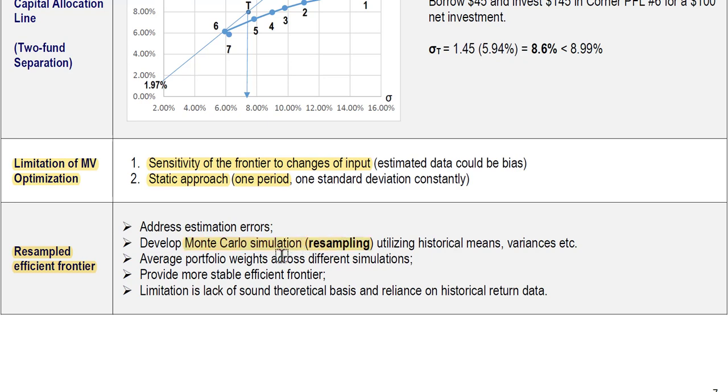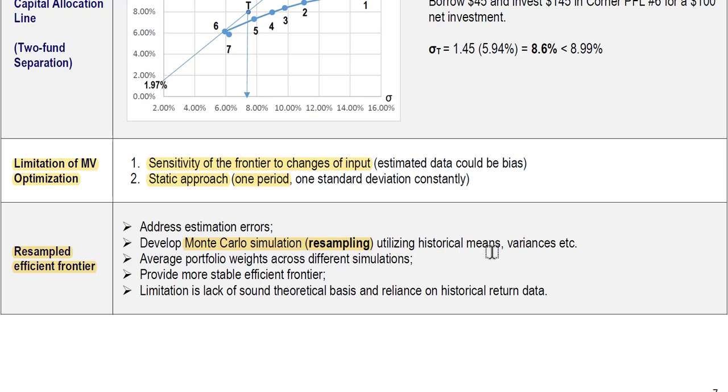Monte Carlo simulation means using given parameters, for example a target mean and standard deviation, and assuming a normal distribution, you put the parameters into the normal distribution formulation and simulate hypothetical sample results. Those are random samples generated from the distribution, and we call that the Monte Carlo simulation.